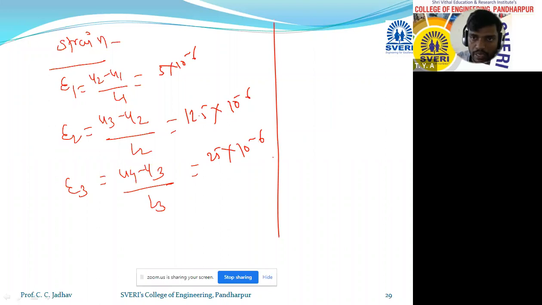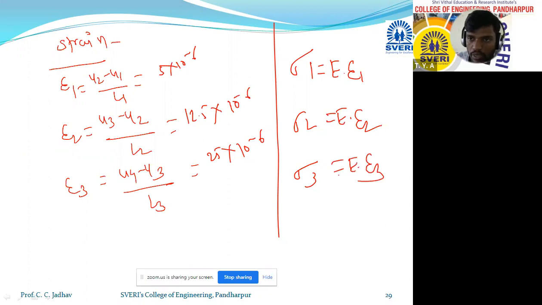From this you can calculate stress 1, stress 2, stress 3, equal to Young's modulus into strain 1, strain 2 and strain 3, and tell me the final values of stress 1, stress 2 and stress 3.